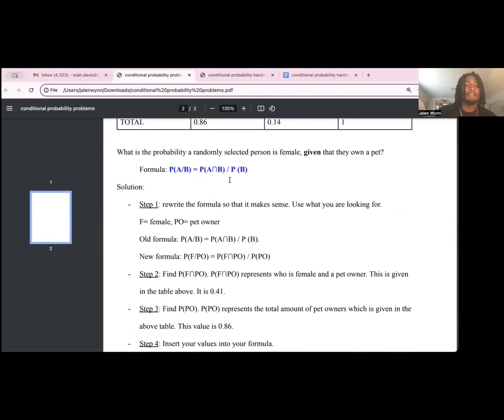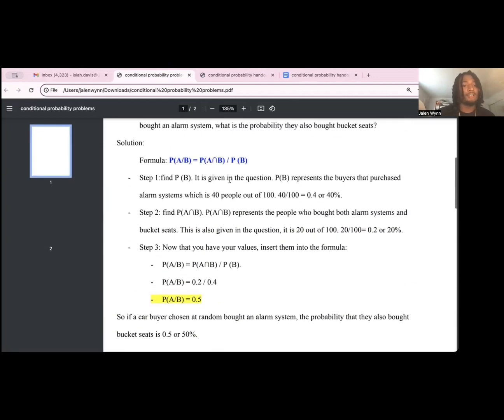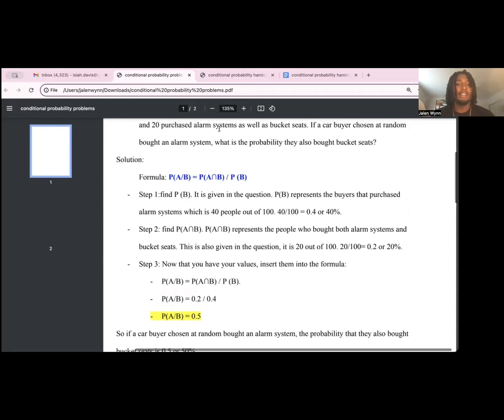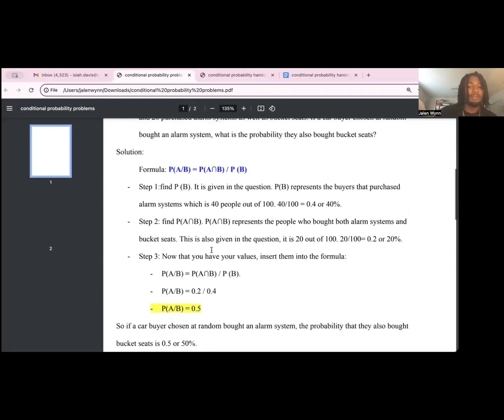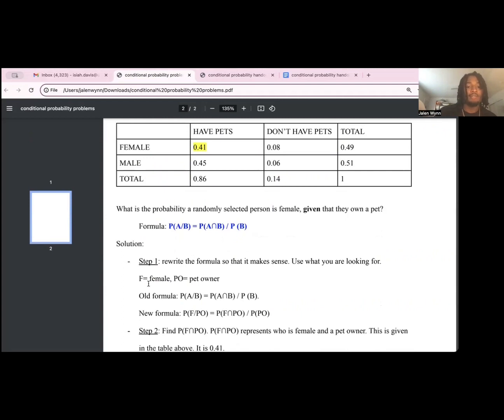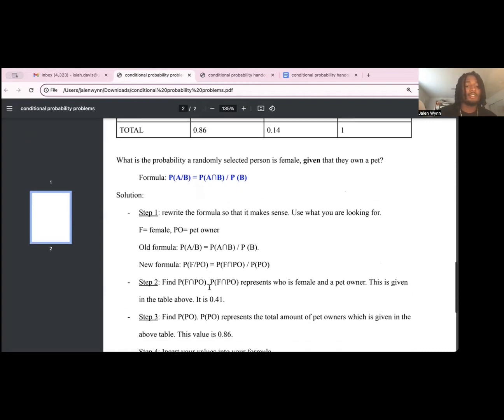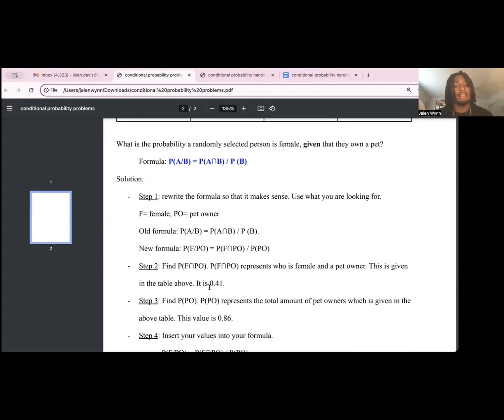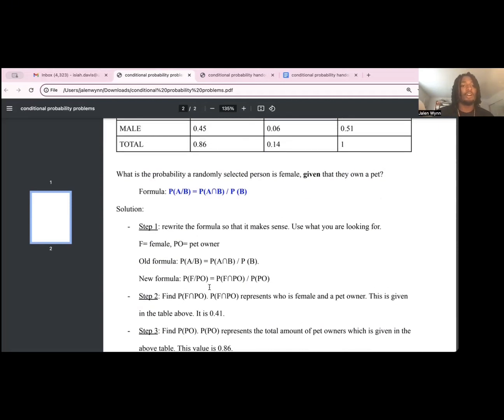In the first problem, you see that we just plugged our numbers into the formula. But here, we want to change the formula. We're going to put F for female and PO for pet owner. So basically, as in the first, you want to use what you already have.